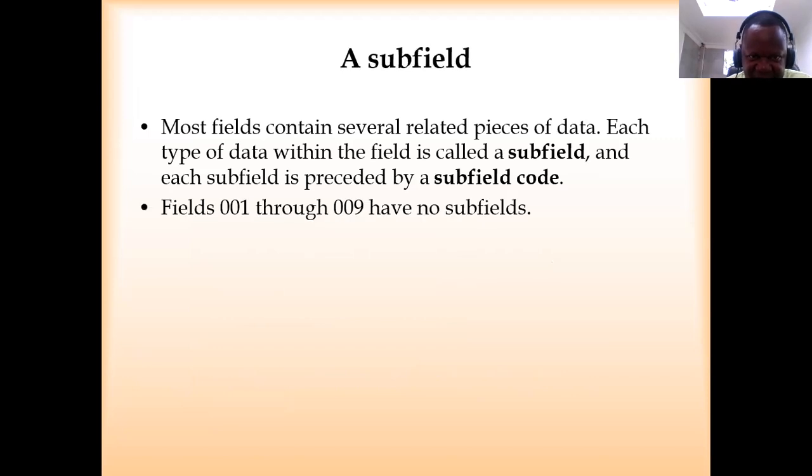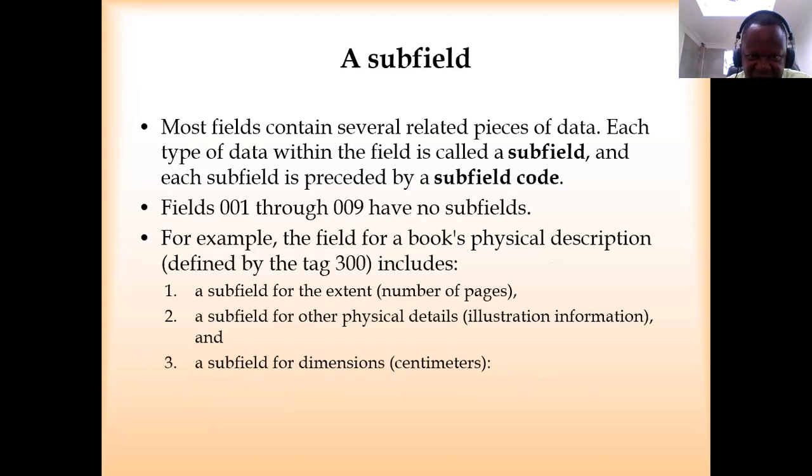I'm not going through this now, because it is here. This is tag 300. It has a subfield A, and from this subfield A, you can see these are Arabic pages, 675p.